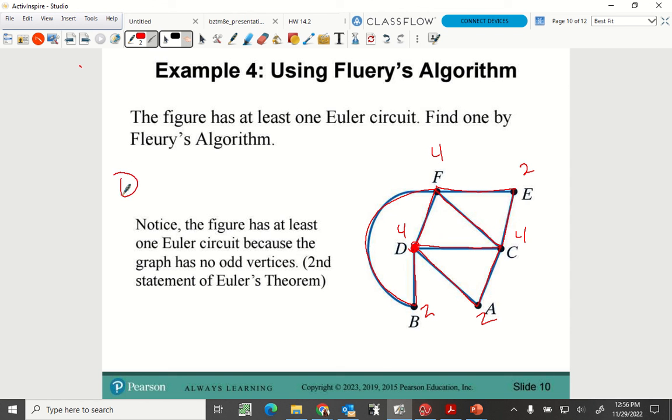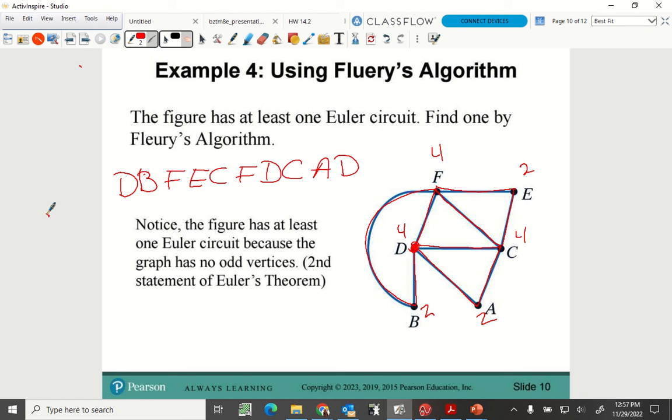D, E, F, E, C, F, E, C, A, B. Ah, not B, it's D, right? Yeah, it's D. There we go.